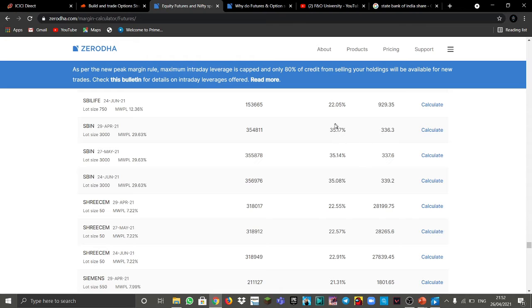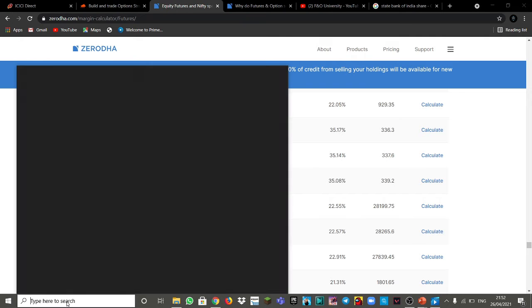What is the contract value here? Contract value would be your lot size multiplied by the future price. So the future price here is 336.3 and the lot size is 3000. So you would need to pay 35.5% of the total contract value.